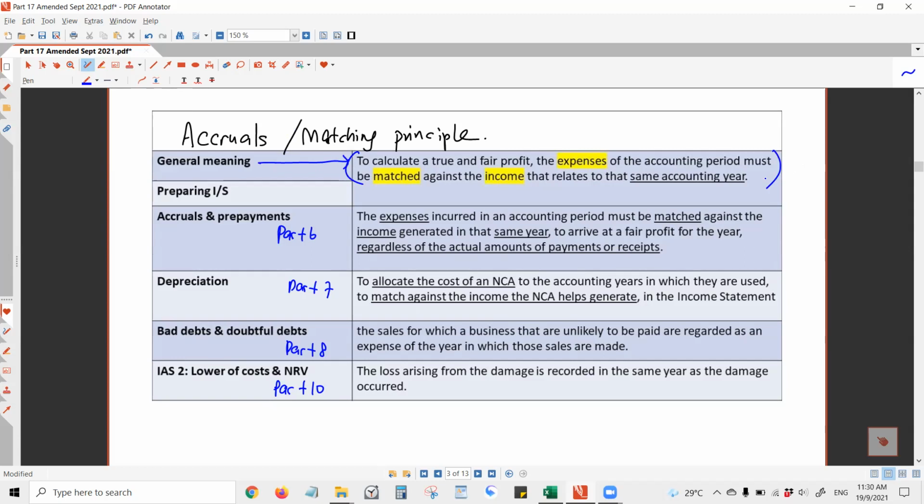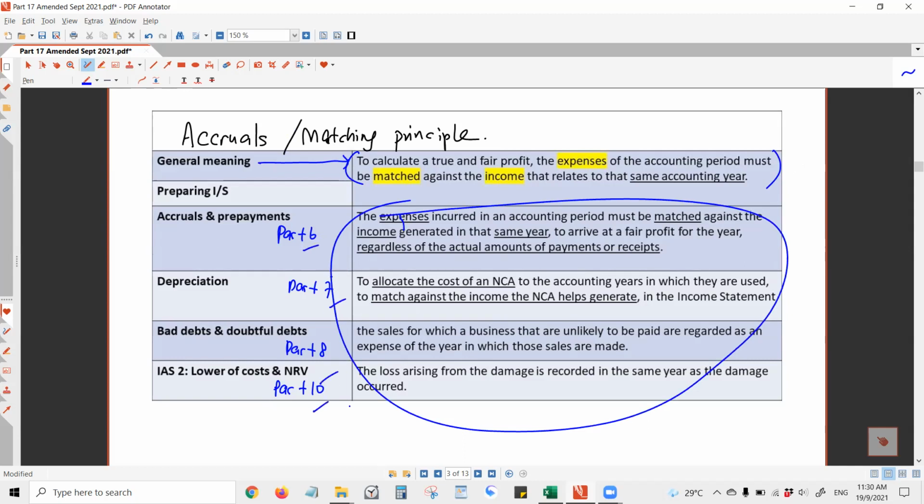I'm not going to explain in full detail here. All the sentences here I copy and paste from part 6, part 7, part 8, and part 10. You can refer to that if you want to. Here is a summary.